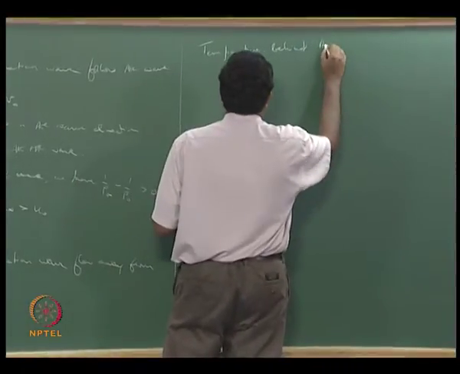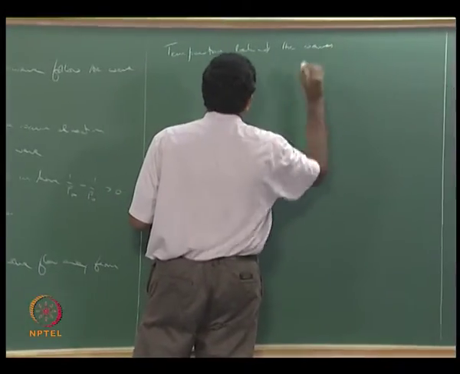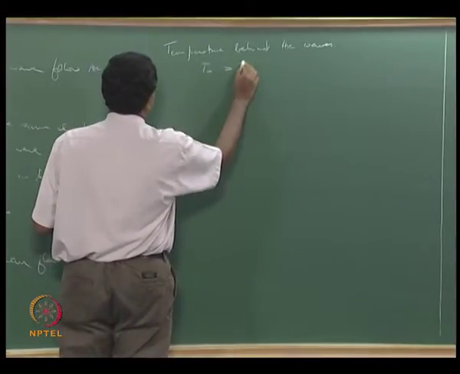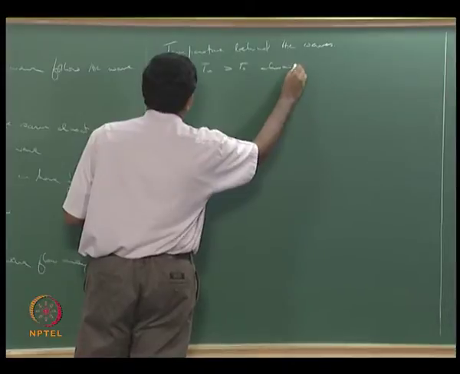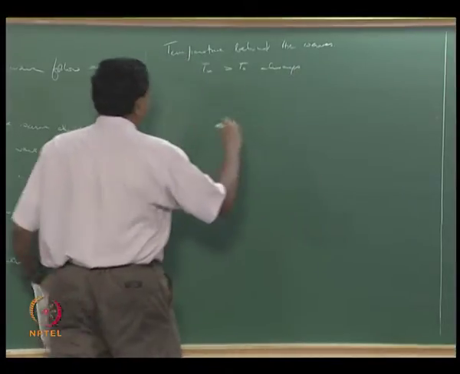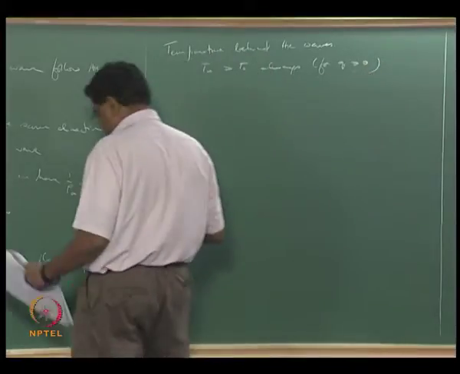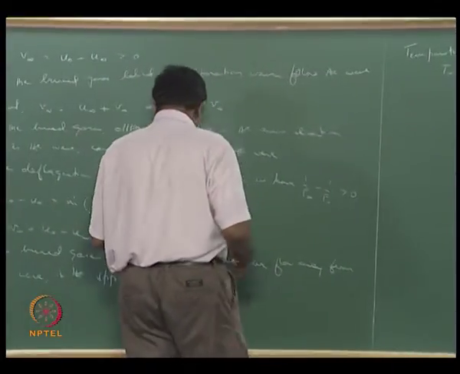The temperature behind the waves, T infinity, is always greater than T naught for Q greater than 0.